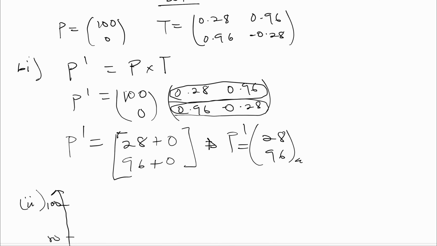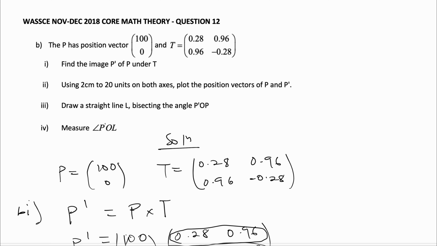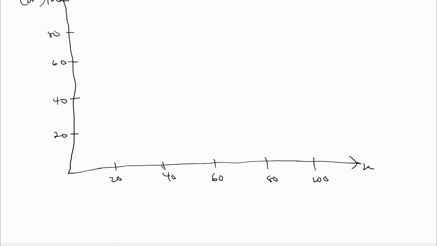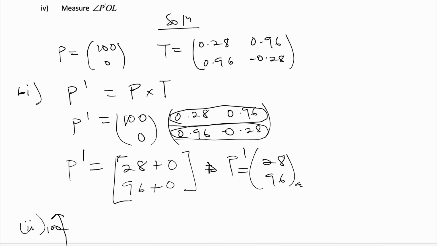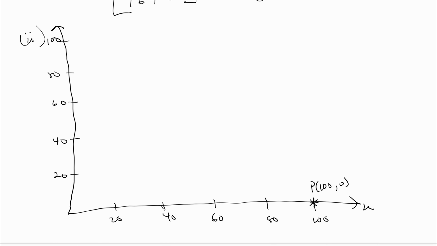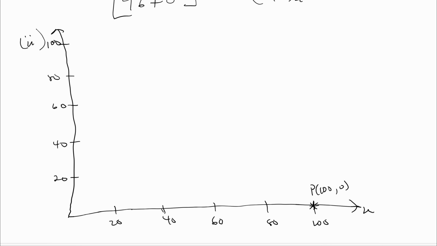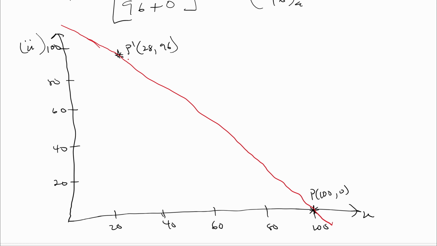Our P is (100, 0), so when x is 100, y is 0. So our P will be here. Our P' is (28, 96), so 28 will be somewhere here, and 96 will be somewhere here. Then we draw a line to pass through our two points.